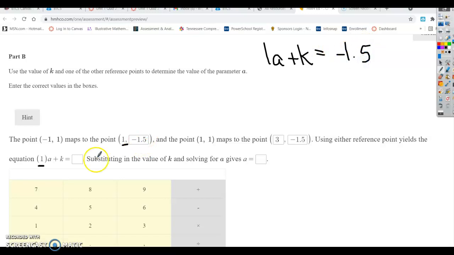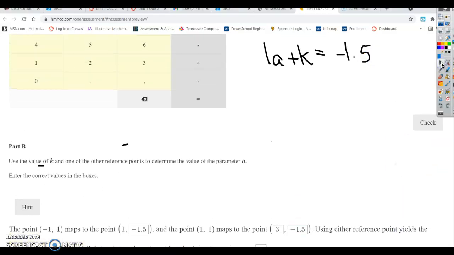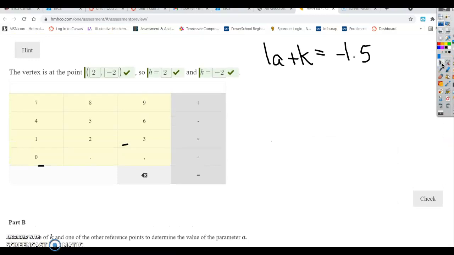And then what I want to do is substitute the value of k. So if we go back up here and look, what did we find the value of k? So right here we can see that the value of k is -2. So I'm going to substitute that in for k, and then -1.5.